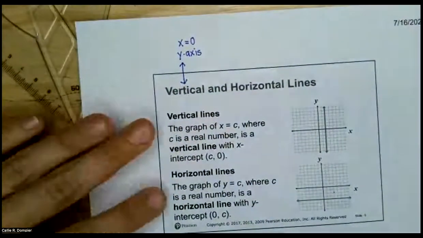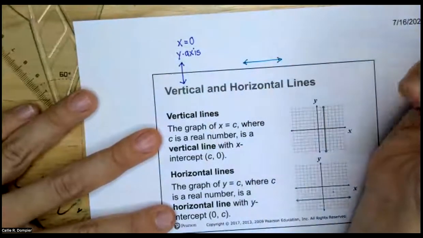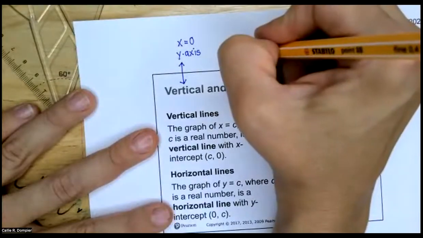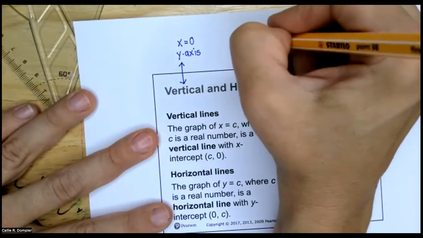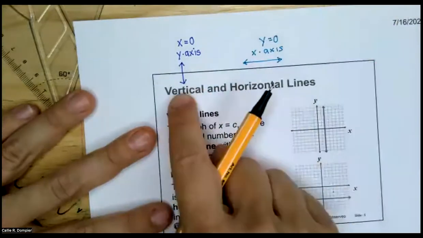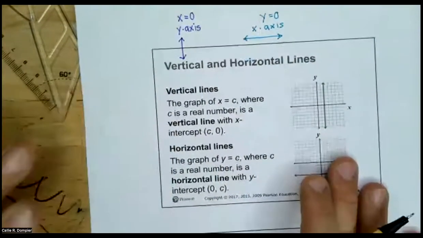Horizontal, like the horizon or the sunrise. Sunrise is over the horizon. I don't know why that's how I remember it. That's your x-axis. On your x-axis, y is always 0. All right, so vertical is your y-axis, up and down. Horizontal is your x-axis, side to side.